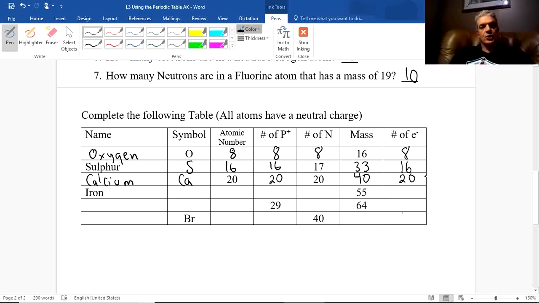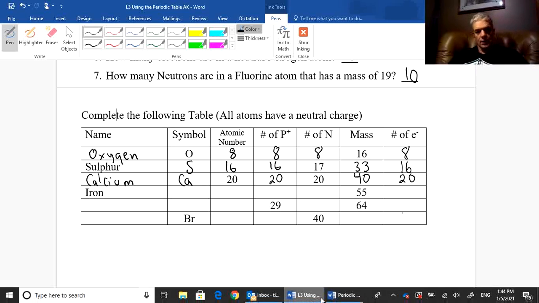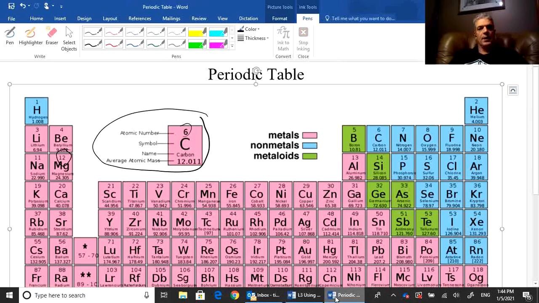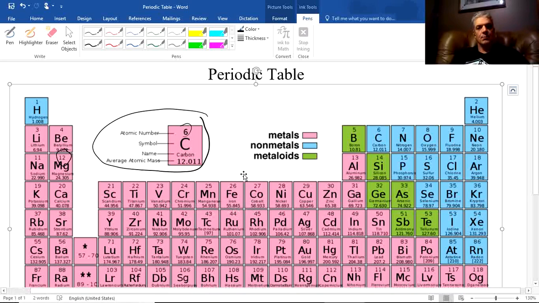Let's try iron, okay? You've all heard of iron before. Well, where's iron on the periodic table? It's another one of these ones that has a weird symbol because I think it's more Greek based, and it's right here. Iron is Fe. You might have heard that before because iron is a pretty common substance in our world.